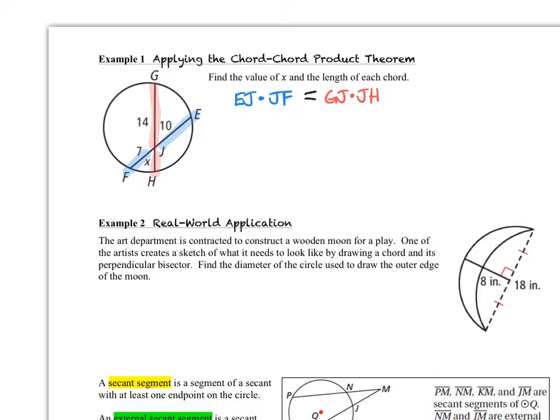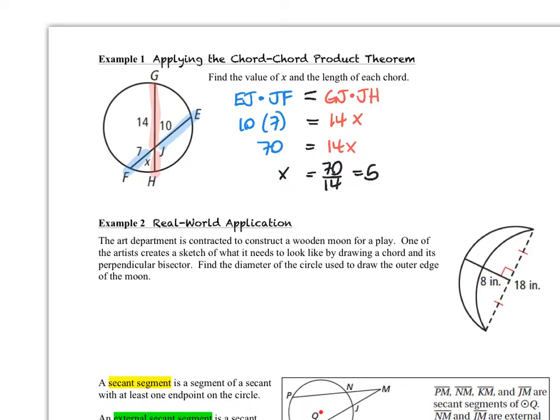And we'll go ahead and plug in the values that we have for both of those expressions. So EJ is 10 long, JF is 7 long, and that's going to give us, of course, 70. GJ is 14, and JH is x, so 14x. And so this means that x is equal to 70 over 14, or 5.